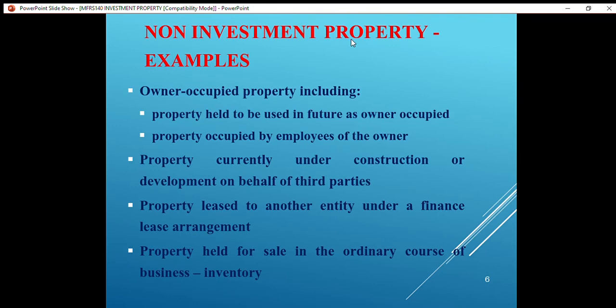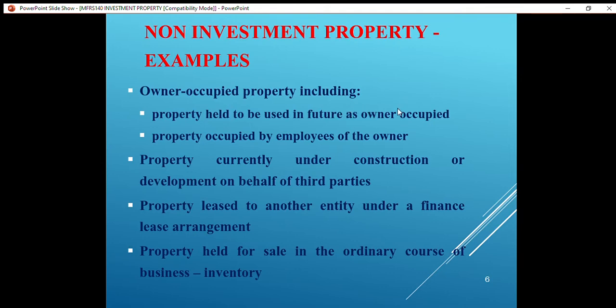Okay, next, let's have a look at the examples of non-investment property. The examples of non-investment property include owner-occupied property. Owner-occupied property includes property held to be used in the future as owner occupied.